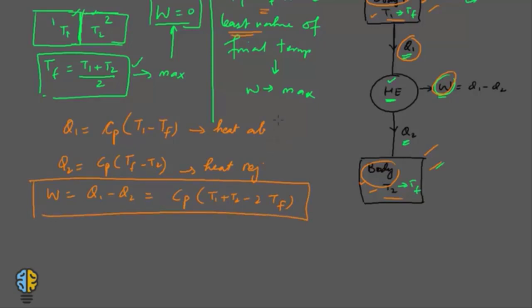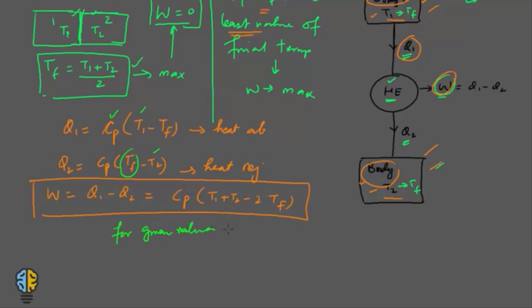Now if you have the given values of Cp, T1 and T2, the amount of work that we get is a function of the final temperature. So this is also a point from which you can get a question.